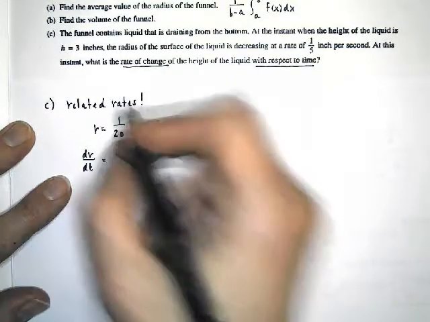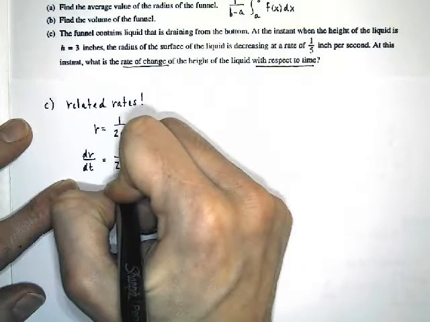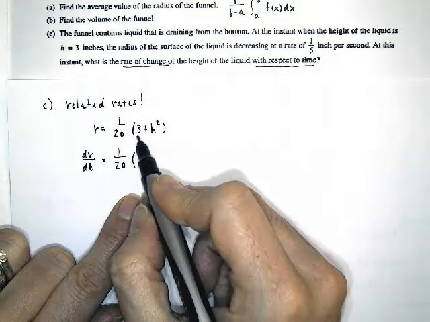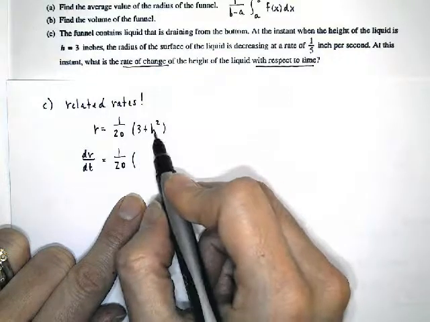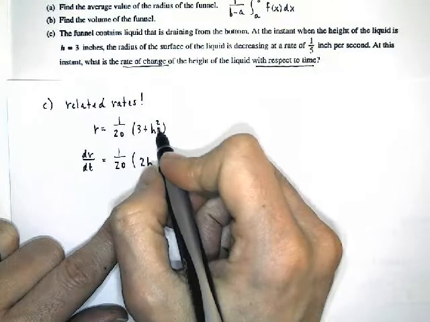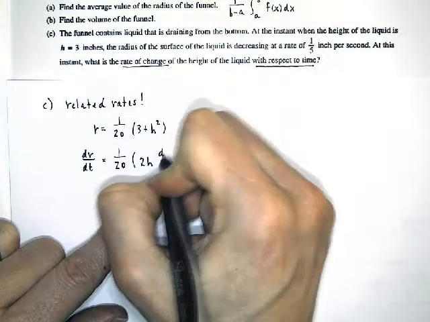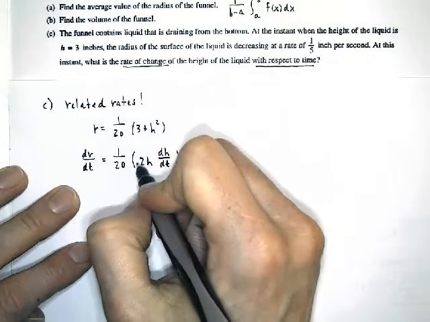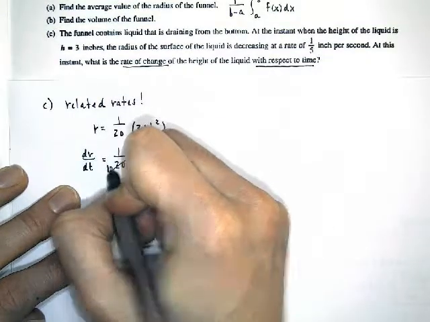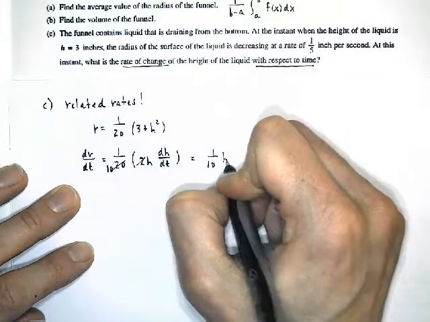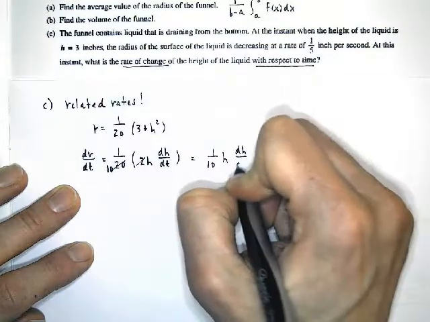So my 1/20 is going to stay, and now I'm going to differentiate. Well, the derivative of 3 is just 0. The derivative of h squared is going to be 2h, but now I need to differentiate with respect to time, so I'm going to have a dh dt. And if I clean that up a little bit, what I'm going to have is 1/10 times h dh dt.